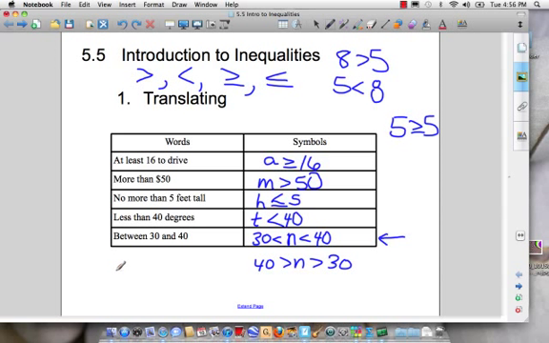In other words, we never write a statement like this in algebra. I'm just making up numbers. We don't do that. We always make sure if we're going to make a chain of inequalities that they're all pointing in the same direction. Okay, so that's how you translate an English expression into an algebraic inequality.